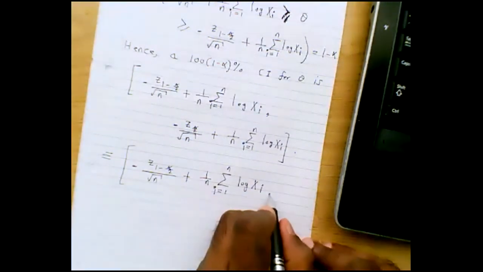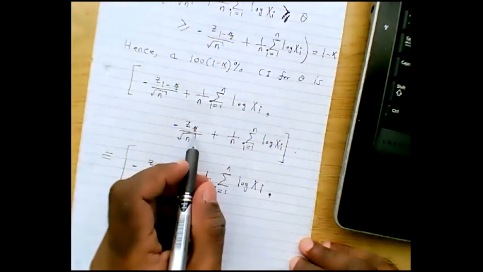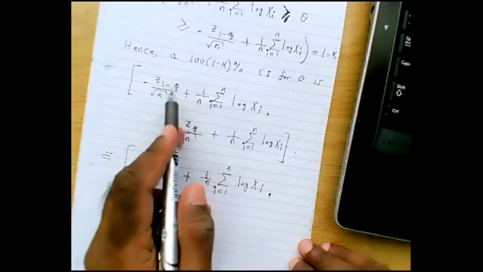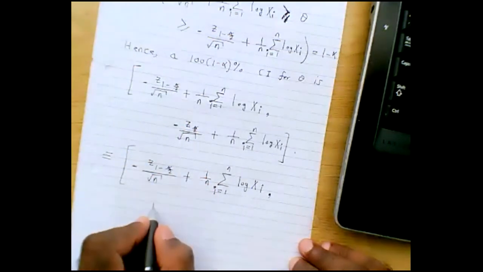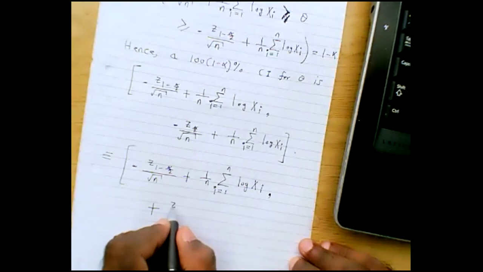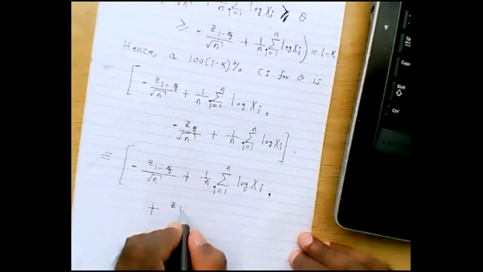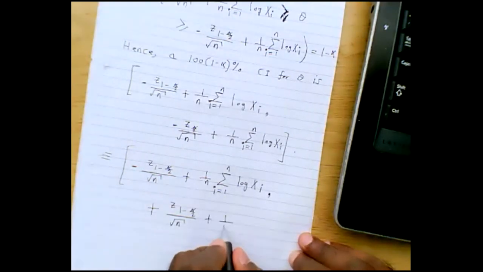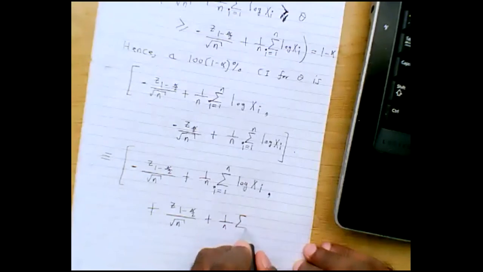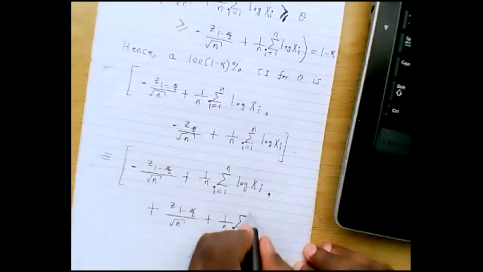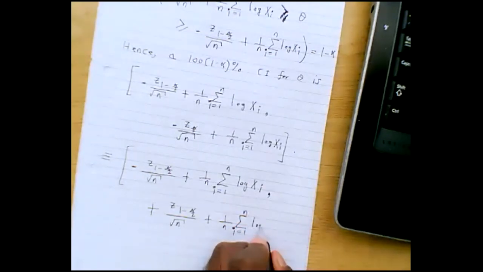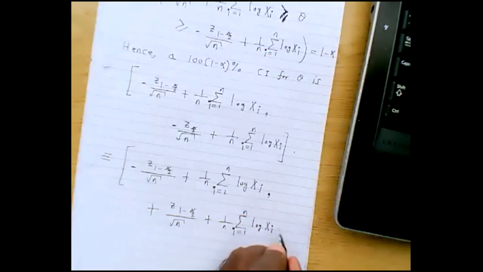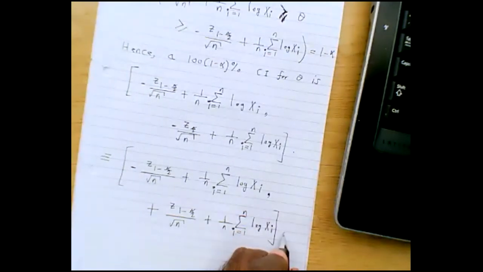Now, if I change this, by symmetry, this is the same as minus of this. So it will become minus minus, which is plus.